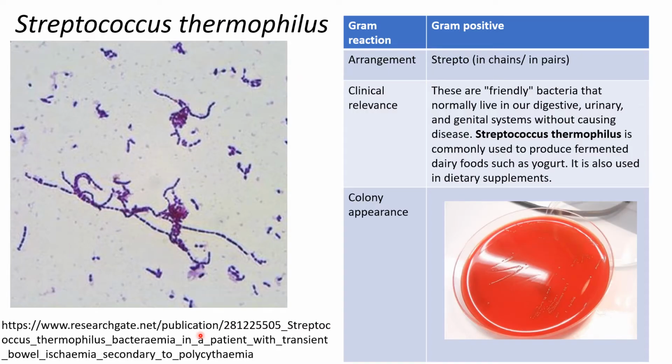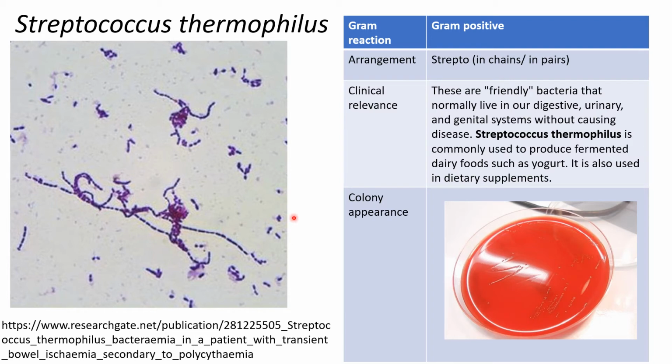Here we have another gram positive cocci like streptococci, but this one is considered friendly bacteria, so it lives normally in our gastrointestinal tract, urinary, and genital system without causing disease.